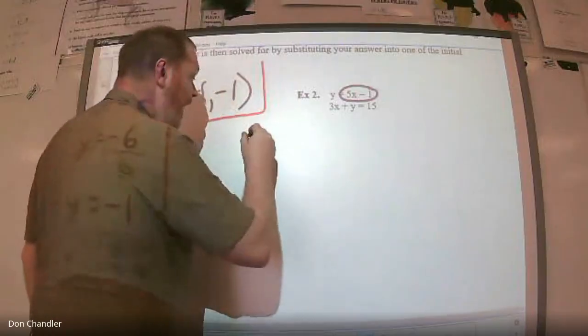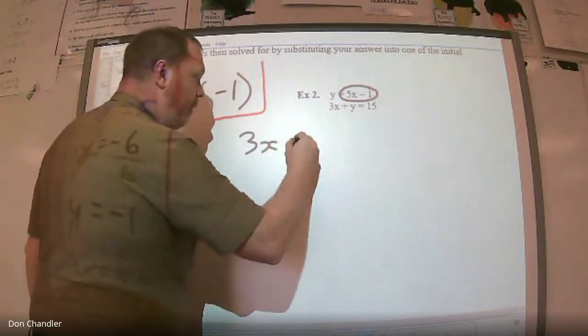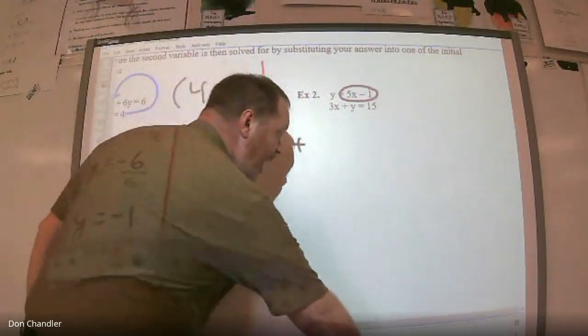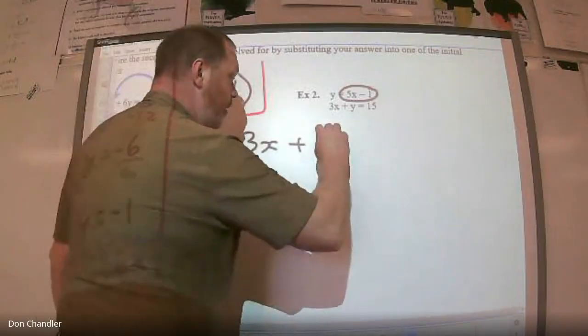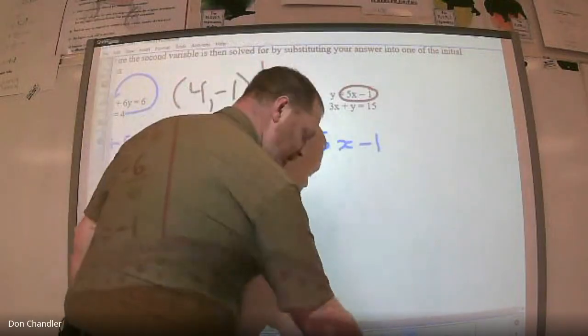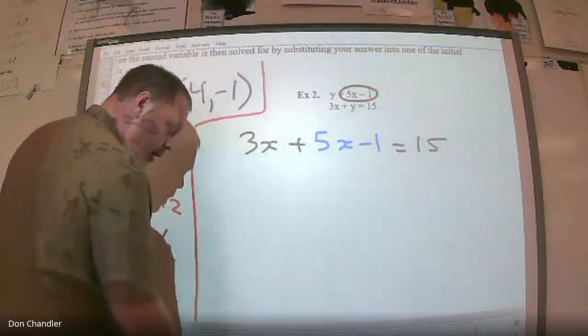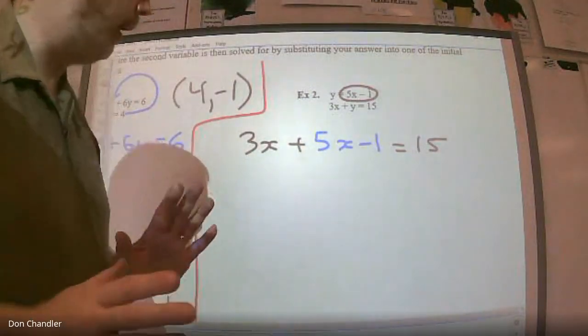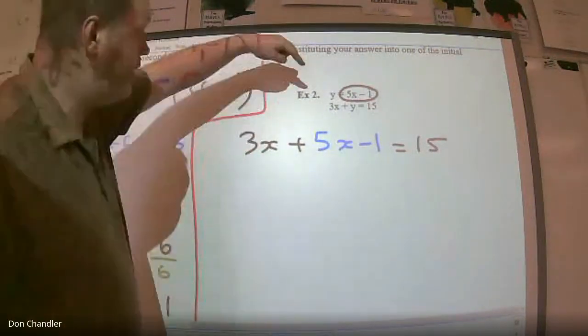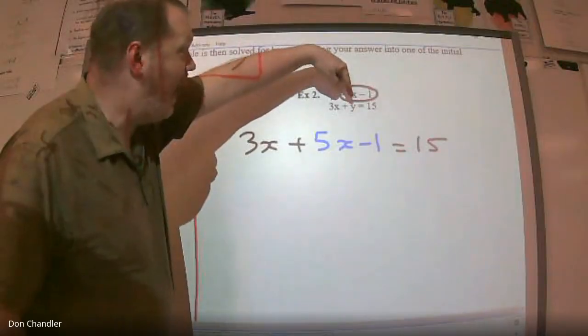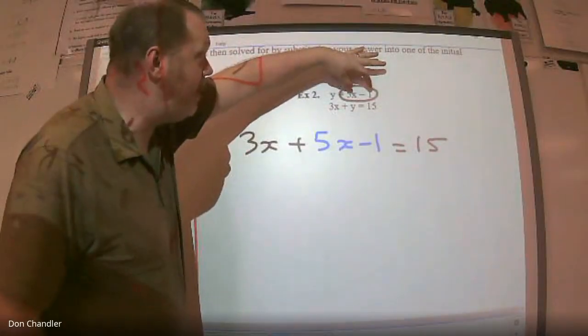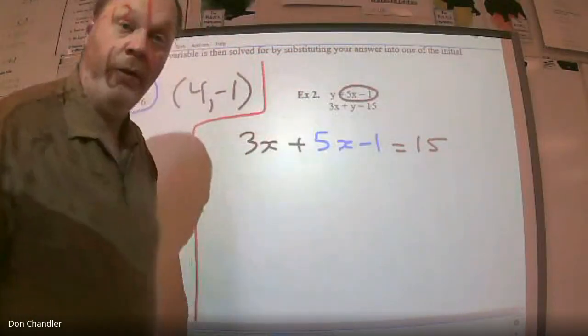So here's the 3x plus, hey, what's y? y is 5x minus 1 equals 15. I realize I have access to different colors. You don't need to. But notice that I substituted 5x minus 1 into the y right there.